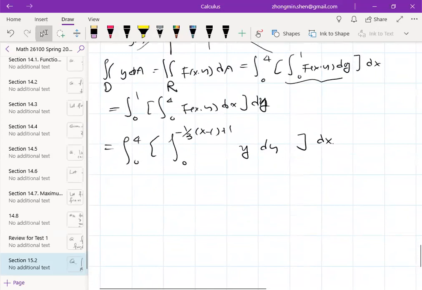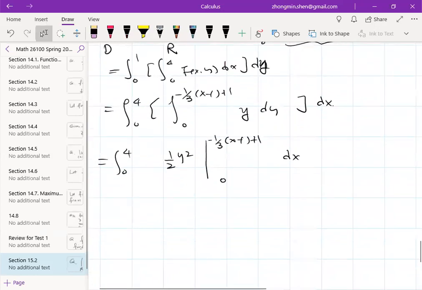Now you find the antiderivative of that function, half of y squared, and evaluate at those two endpoints. When you plug 0 for y, you get 0. So all you have to do is just calculate this part.